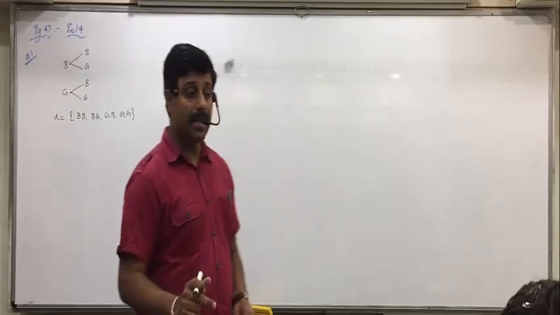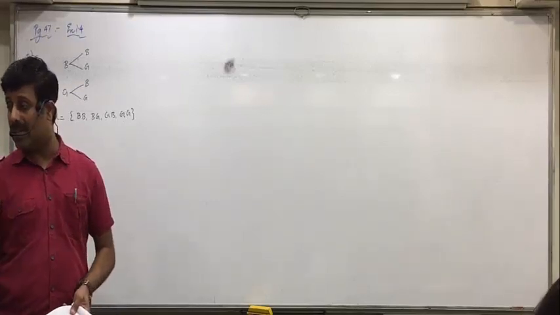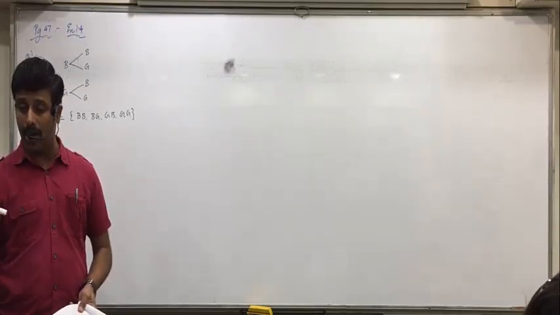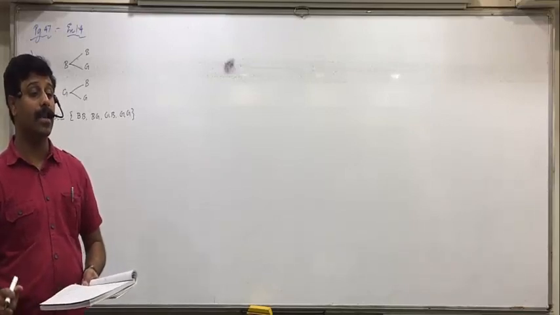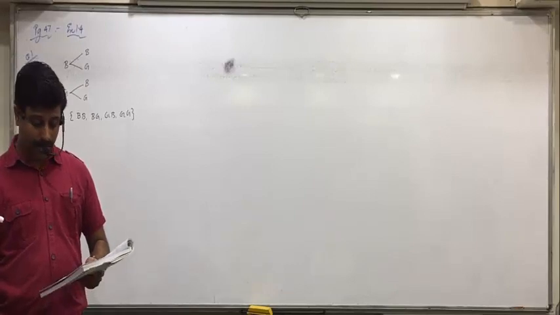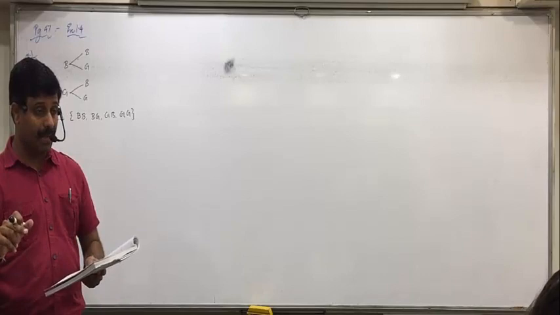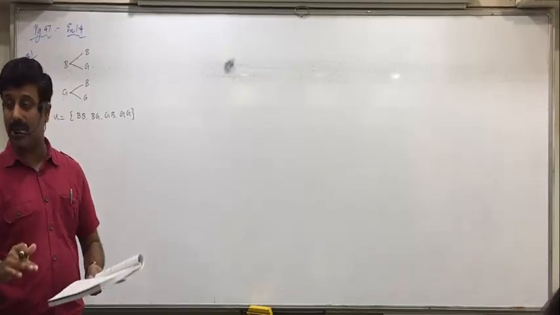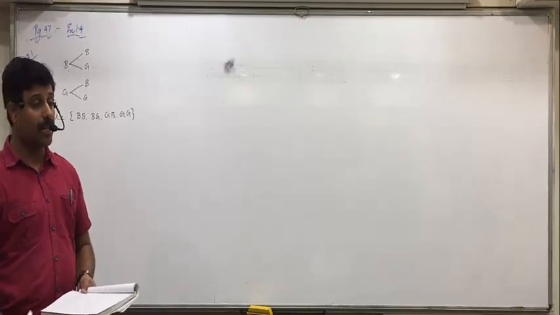I told you in the last lecture that whatever probability we will find will come in the numerator, and whatever is the condition will come in the denominator. So basically we have to find here B slash A. Which event's probability we will find? Both are girls, that is B. And what is the condition? If the first child is a girl, that is slash A. Okay, did you understand this?